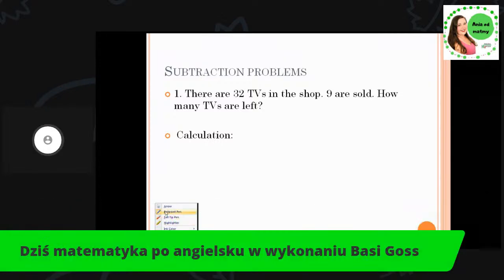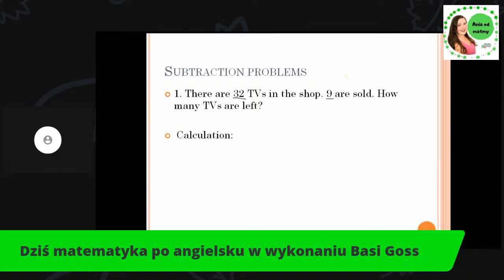So the first question is, what numbers do we have in this problem? We have 2 numbers, 32 and 9. And what words do we have in this question we can use to suggest which operation we're going to use?